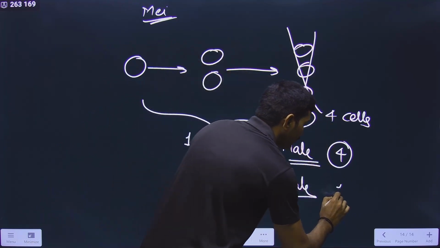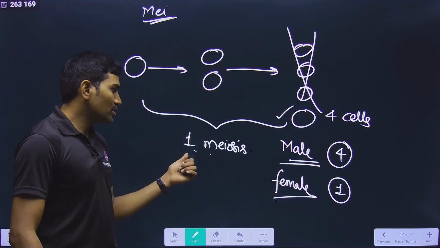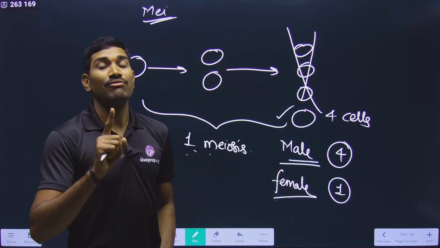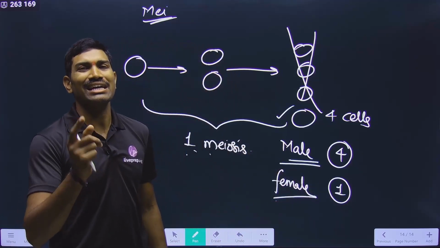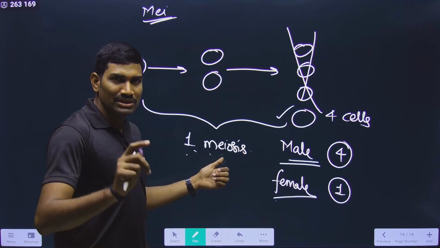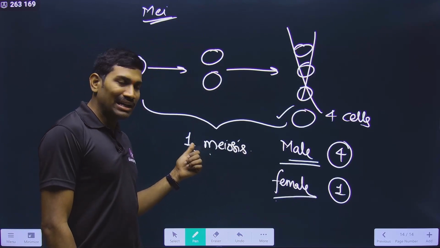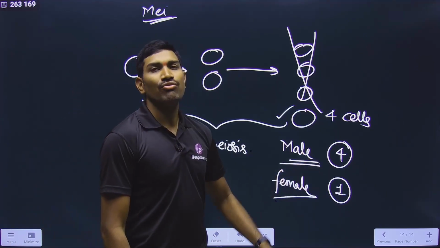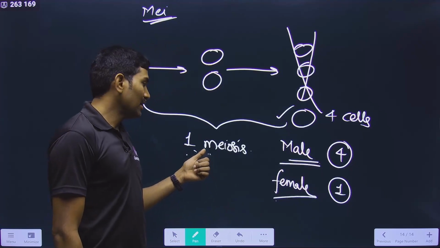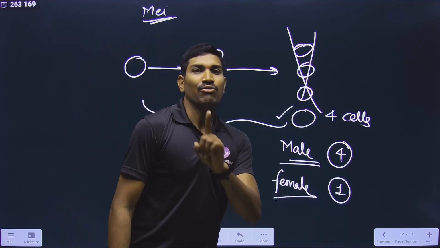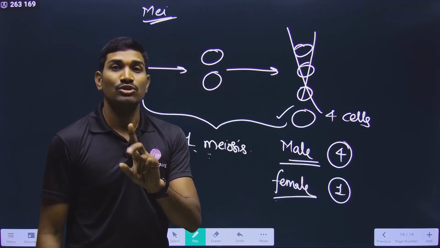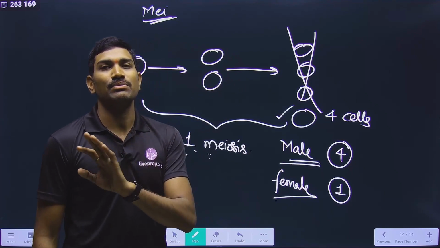So in the case of female, one meiosis will produce only one female gamete, one ovum, one egg cell. Once again I am repeating, in the case of male, one meiosis will produce 4 male gametes, but in the case of female, one meiosis will result in only one female gamete. That's why for the calculation purpose you will get the difference.